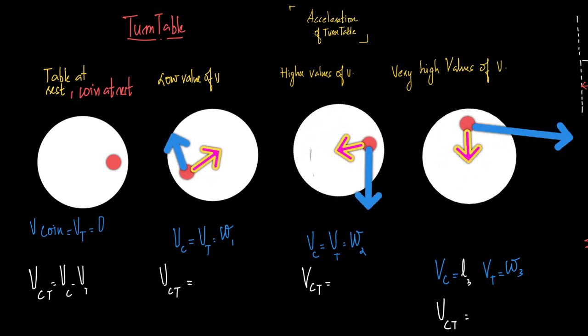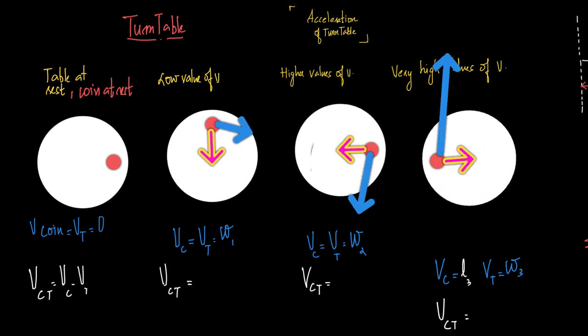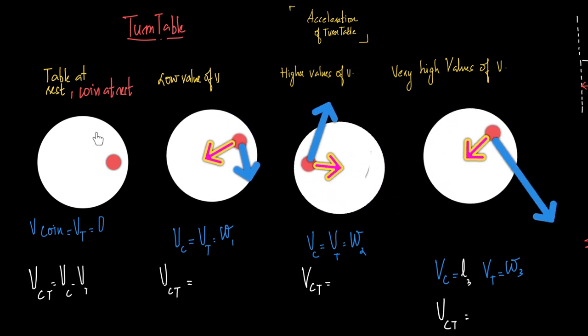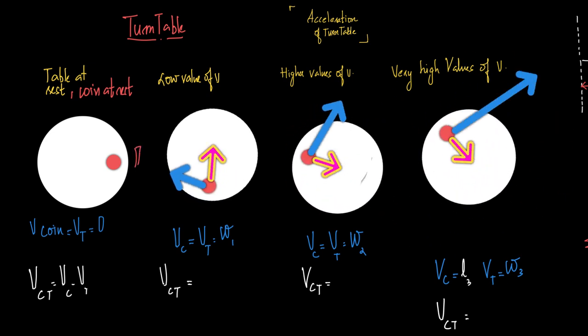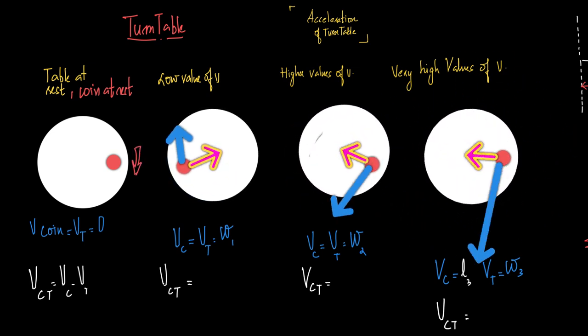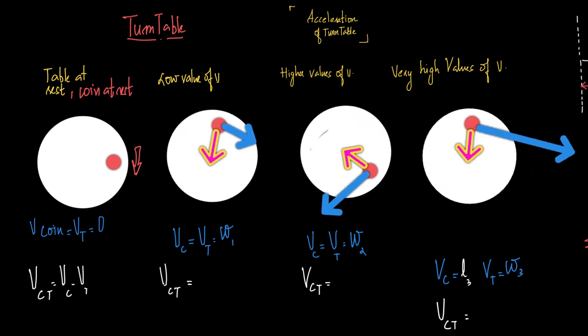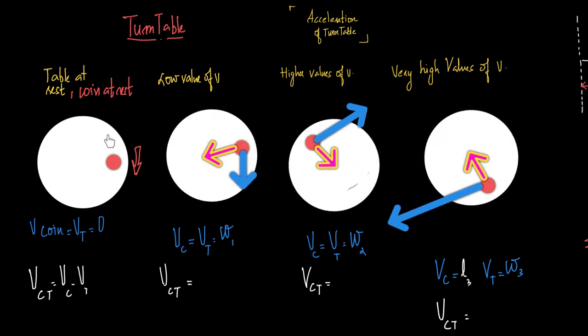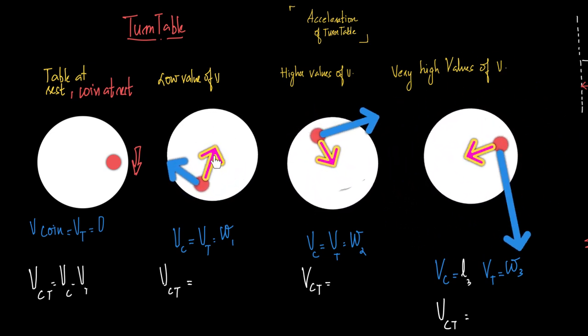So what we do now is rotate this disk or table with some velocity. Due to inertia, since this coin is placed on top of the disk, as the disk rotates, the coin will also rotate.